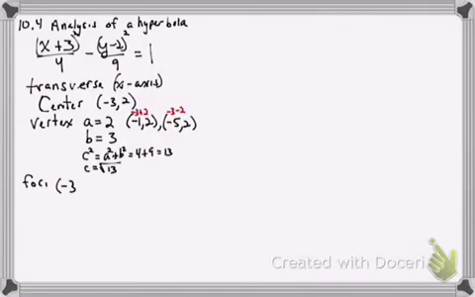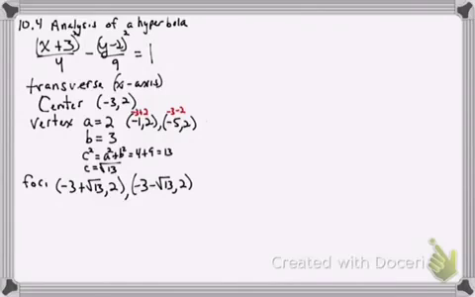So -3 plus radical 13, and then don't forget the 2 at the end, and then -3 minus radical 13. And of course the y coordinate is going to be 2. And so there's all the information that I'm looking for: transverse axis, the center, the vertices, the foci.